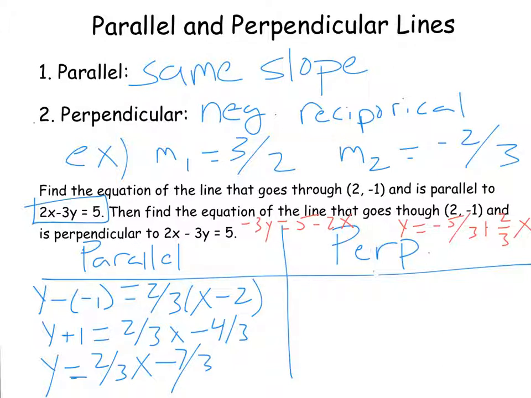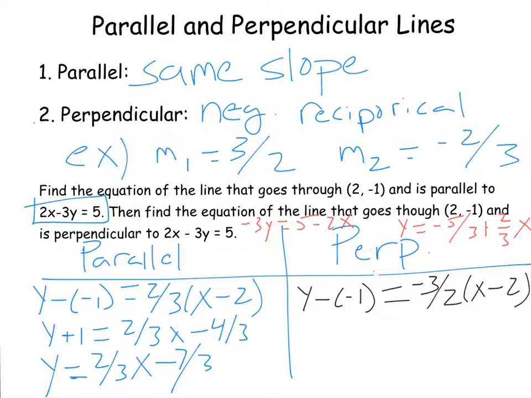Okay? Now over here, I want you to see how similar this is going to be, because this line still has to go through the same point. The only difference now is this line needs to be perpendicular to the one that I was given. So in this whole process, all that changes is that becomes -3/2.